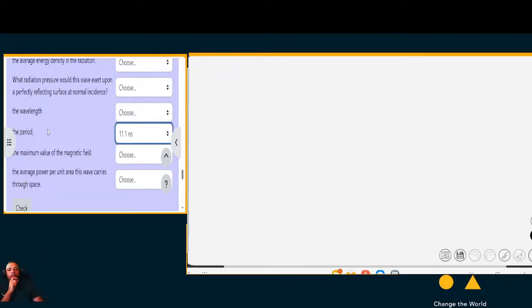Now, let's calculate what is next. Since we have the period, we can calculate the wavelength. How do we calculate wavelength? Wavelength is equal to the speed of light divided by the frequency.